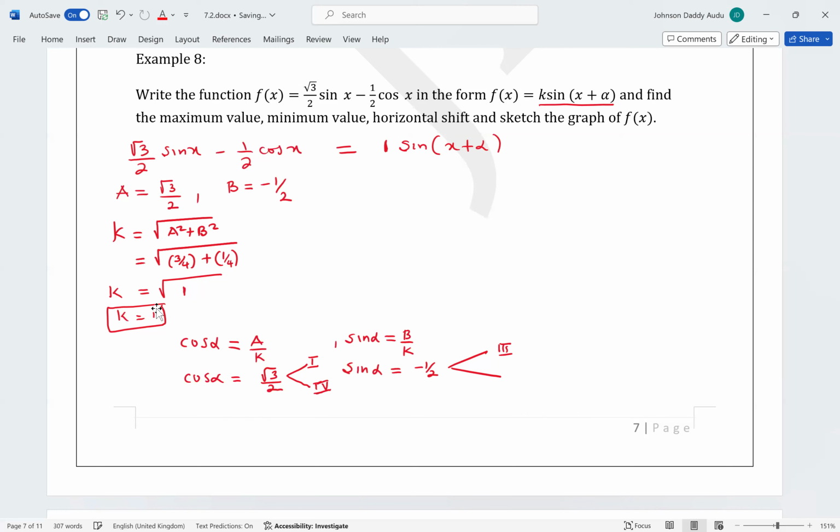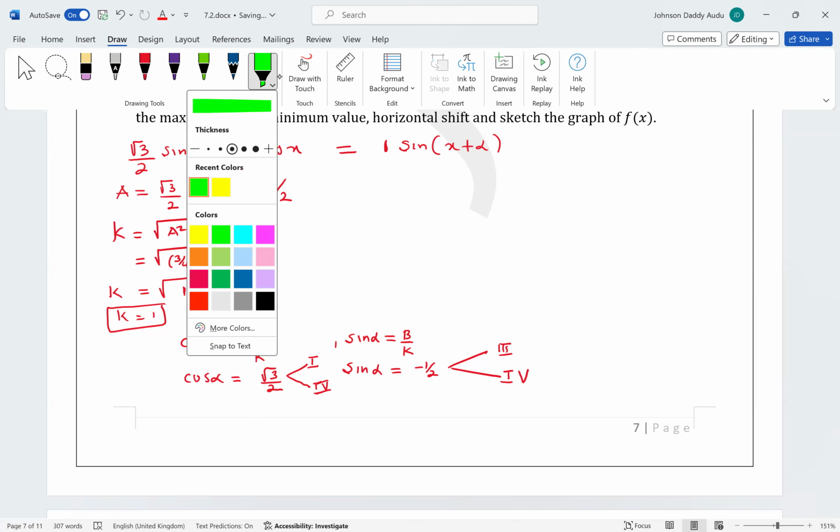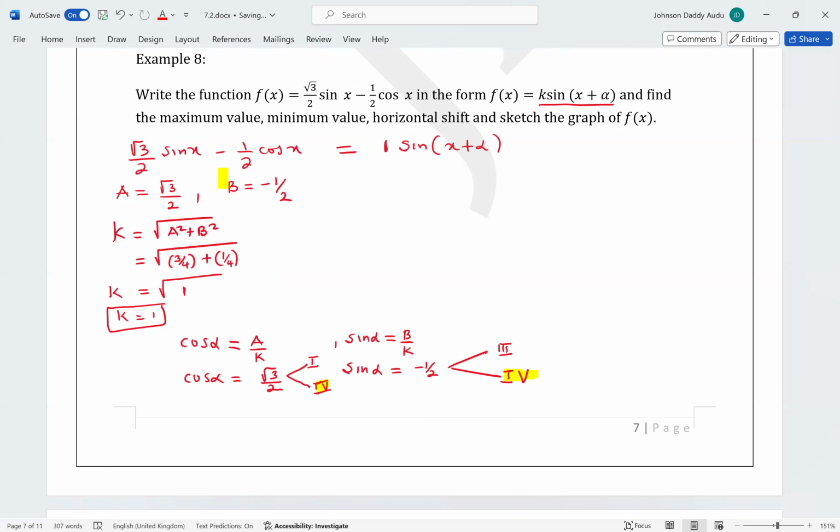Not cosine inverse, but cosine. And sine is negative either in the third or in the fourth quadrant. So we're going to take which quadrant is common. So the common quadrant here is quadrant number 4, right?